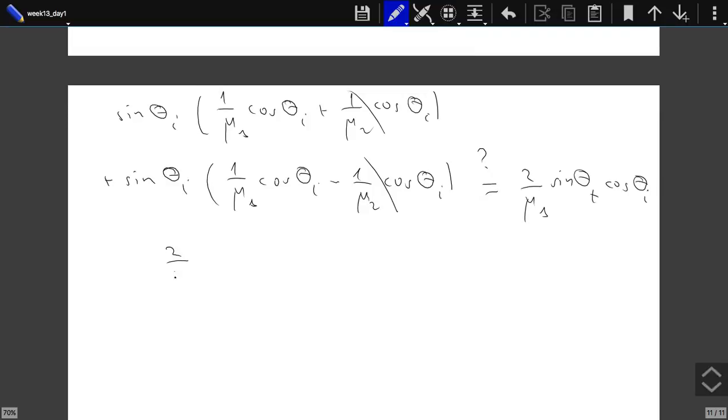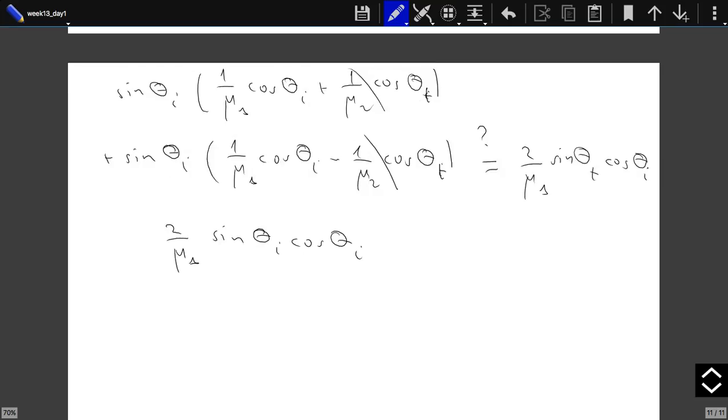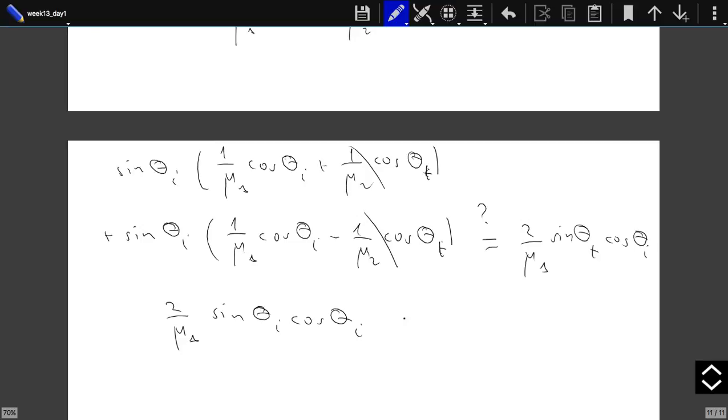So the question is 2 over mu1 sine theta I cosine theta I. Now these are t's. Is this equal to 2 over mu1 sine theta t cosine theta I?